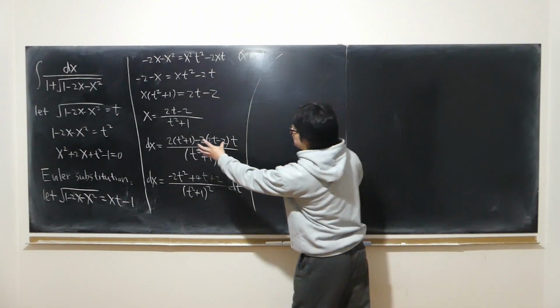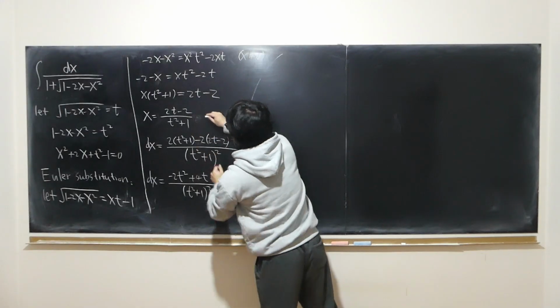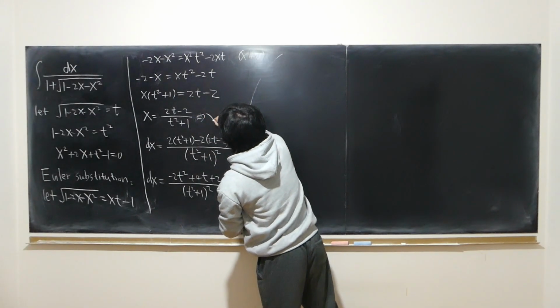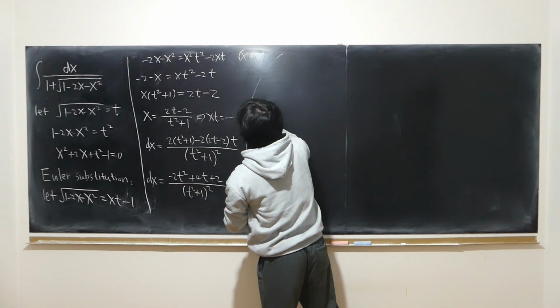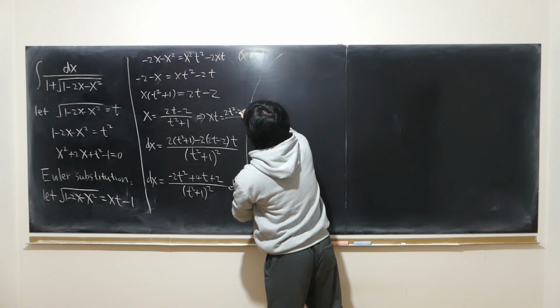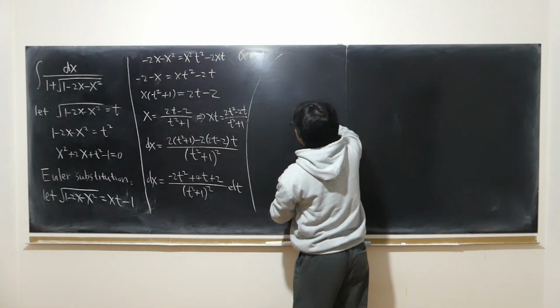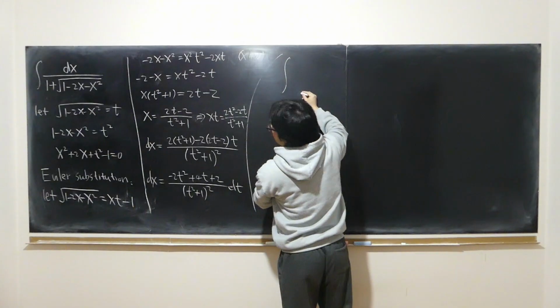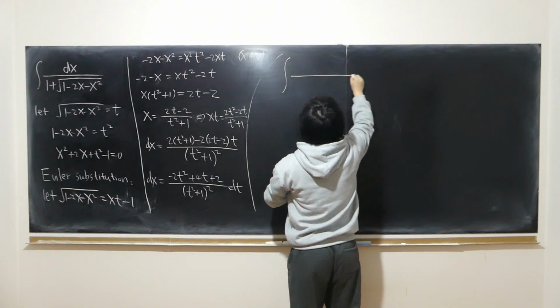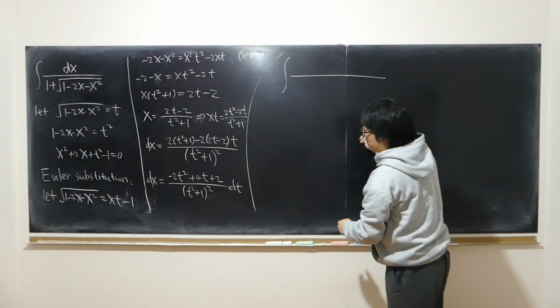Here's x, so xt should equal 2t squared minus 2t over t squared plus 1. So all I need to do is work out this one. First of all, what's dx? Dx is this one.